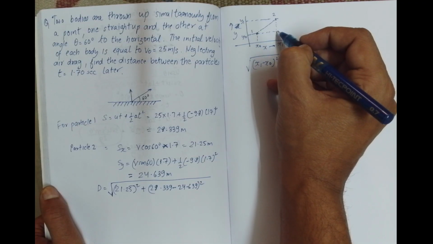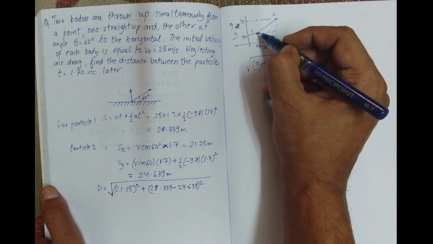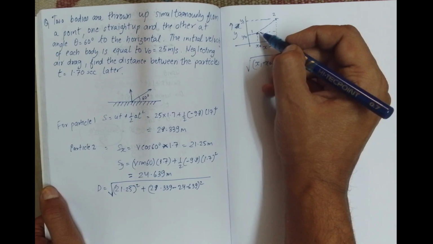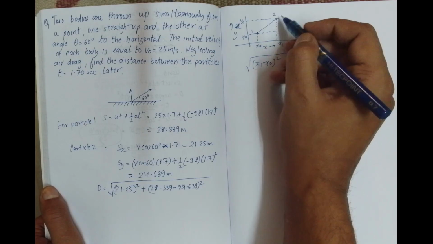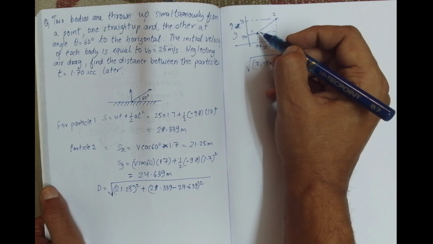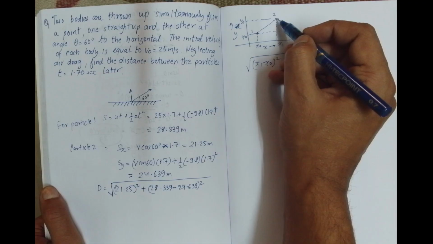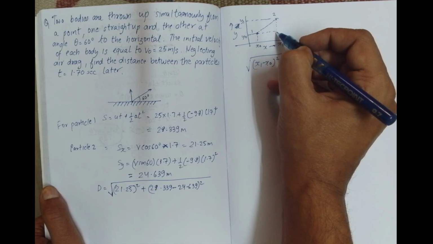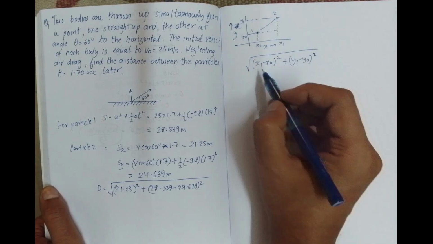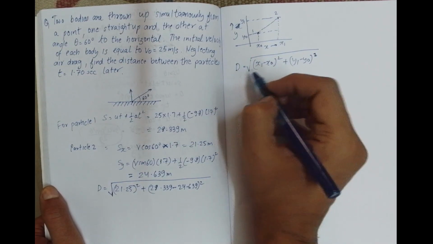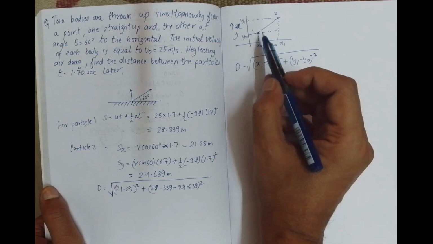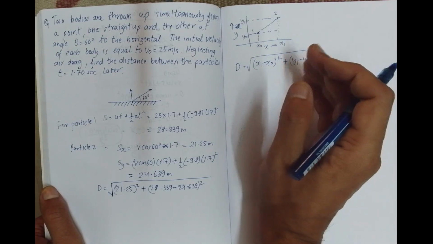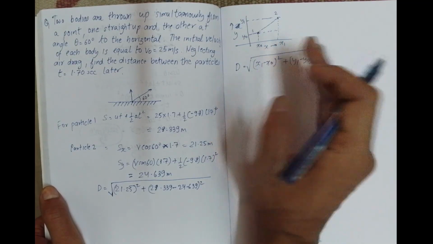This is y1 minus y0. So naturally this distance is what you are trying to calculate. From Pythagoras theorem it will be equal to under root of square of this plus square of this. So this is the way to calculate distance between two particles with respective x and y coordinates.